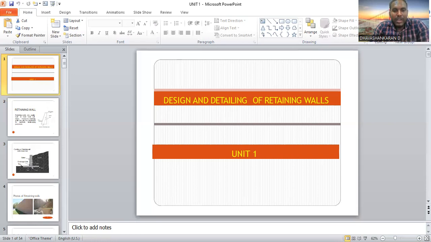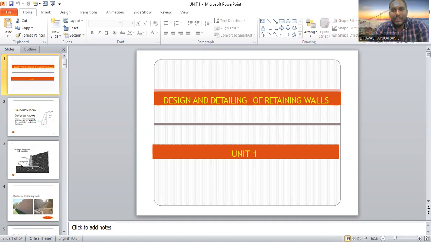Those two things happen in a retaining wall structure. The components of the retaining structure are the drainage hole, toe end, base slab, shear key, heel end, stem, and backfill. Backfill is nothing but the soil which we retain. The heel slab is on the backfill side.